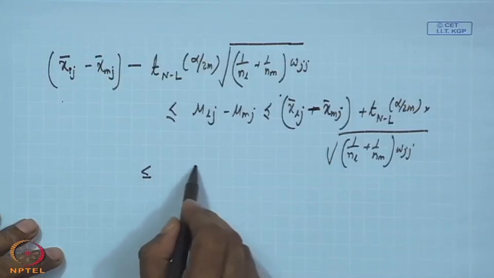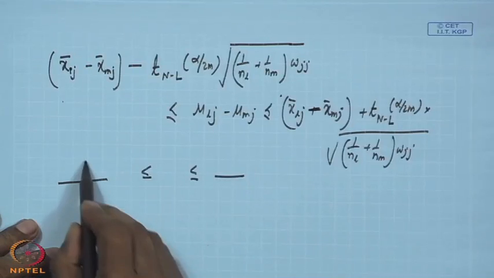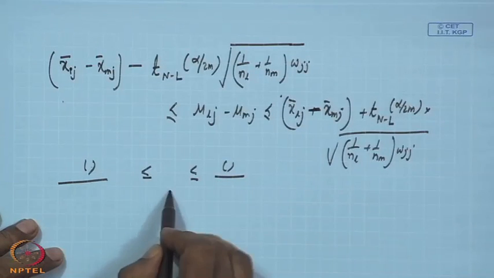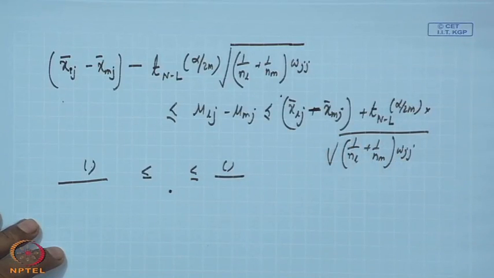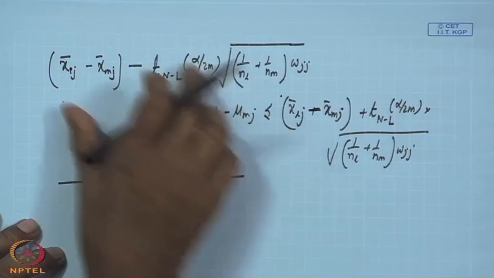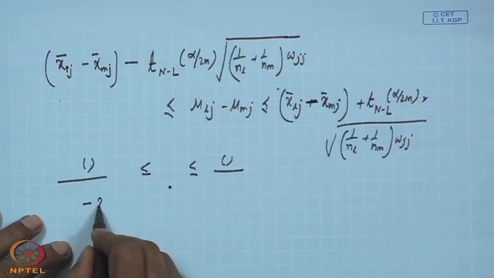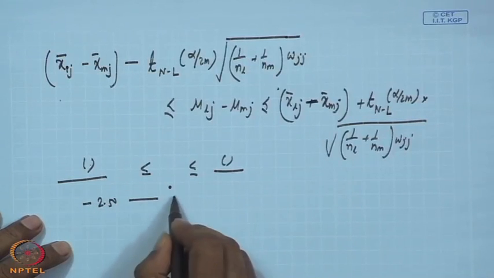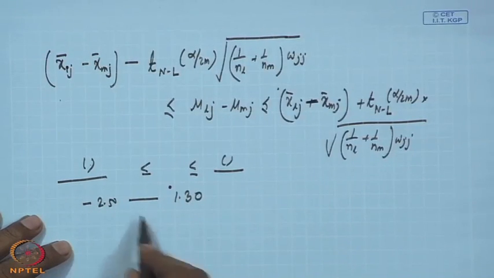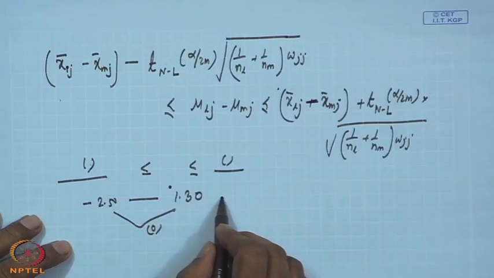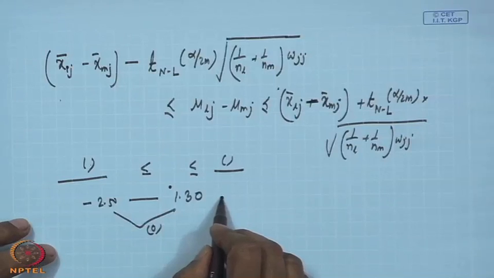If you find any interval, this side or that side, this value plus this value, that contains 0, then that variable is not differentiating. Suppose the difference comes for a particular variable as minus 2.50 to 1.30. Then in between there is 0, so this variable is not creating the difference.